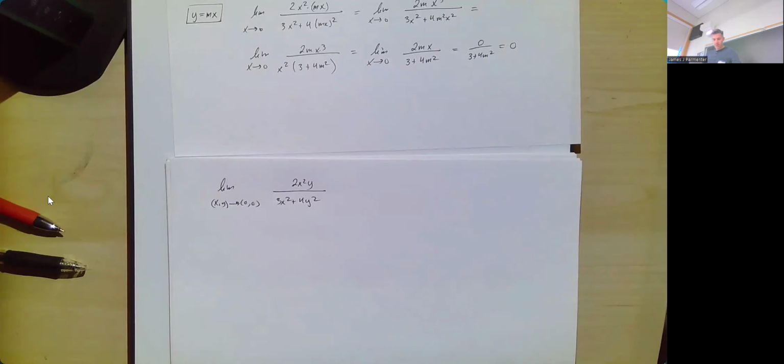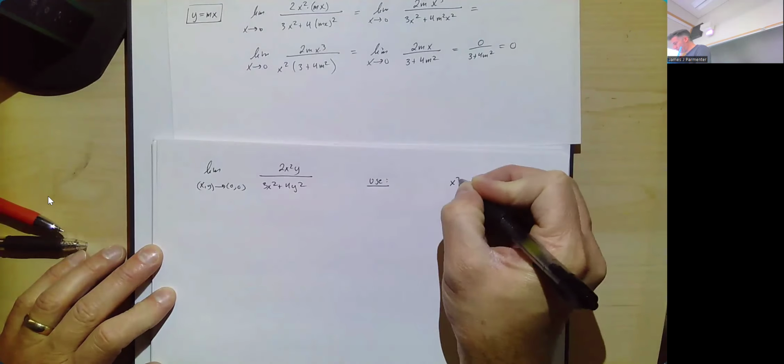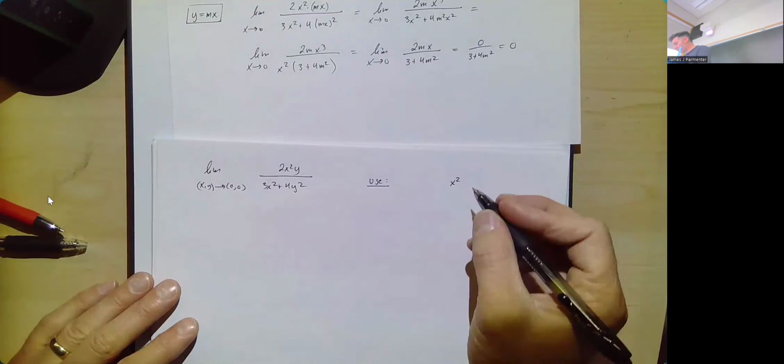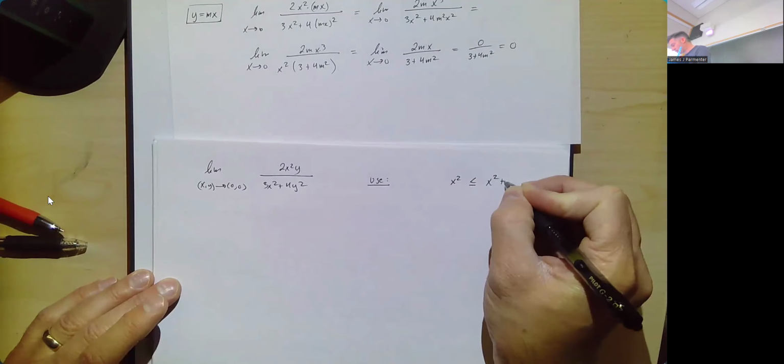So what I would say here is this typically relies upon using the fact that x squared or y squared, depending on whichever thing you see in the numerator. So if you have an x squared and a y squared in the numerator, pick one of them. But here I see x squared, and it's true that x squared is less than or equal to x squared plus y squared.